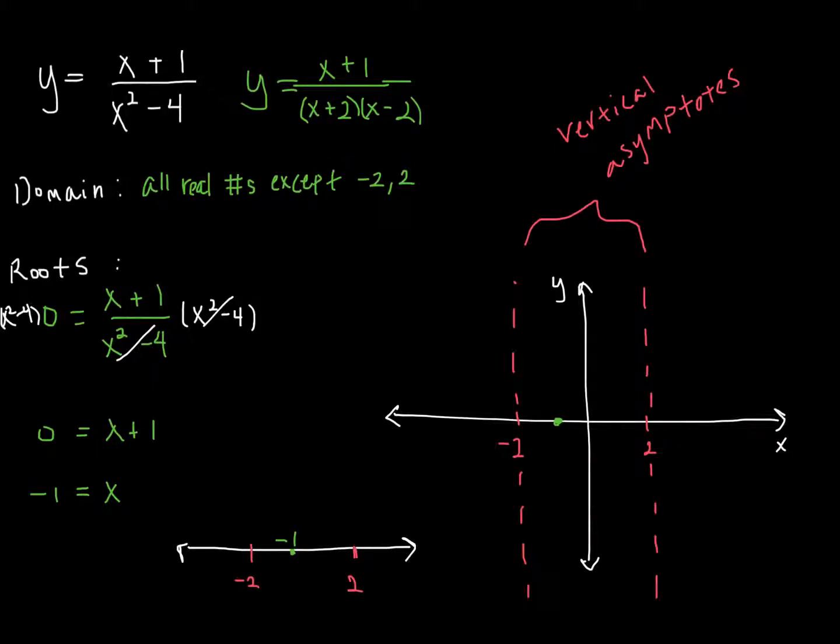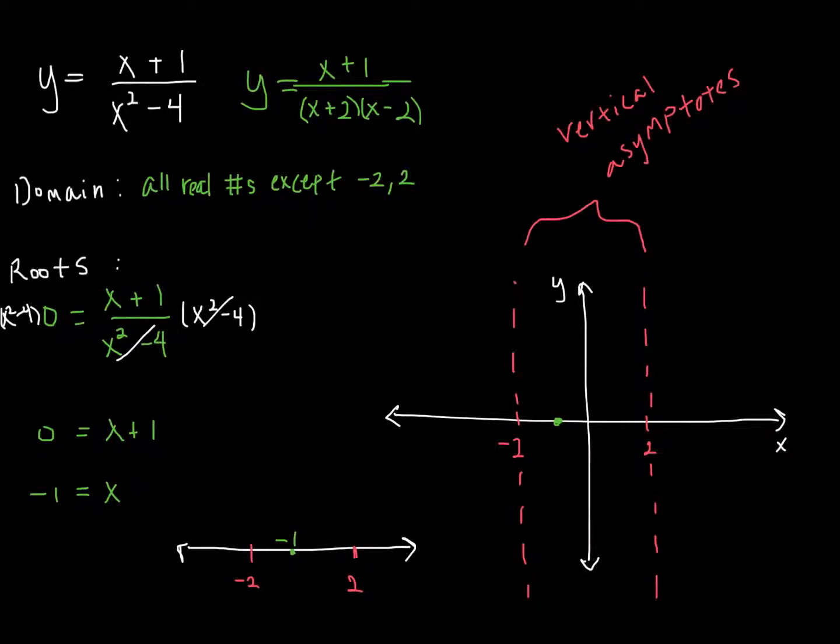And we're going to use this little drawing of our x-axis to tell ourselves and really dig deep into what is happening in our graph in each chunk of our x-axis. And there's a reason this is going to work so well. Let's just think about what possibly could our function look like to the left of negative 2.